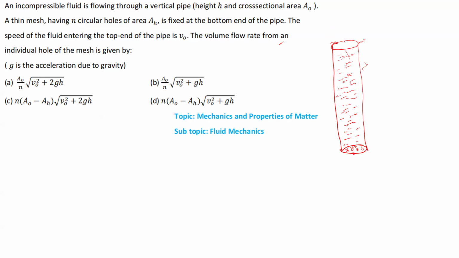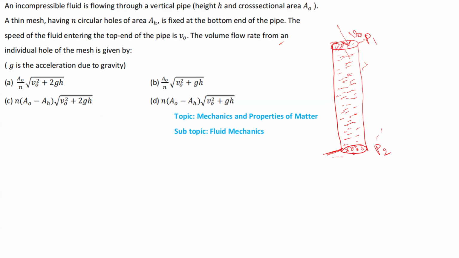So the liquid is entering with velocity V naught at the top, and this pressure is P1, and this pressure is P2.